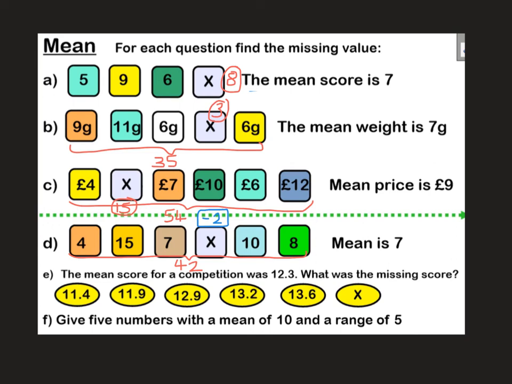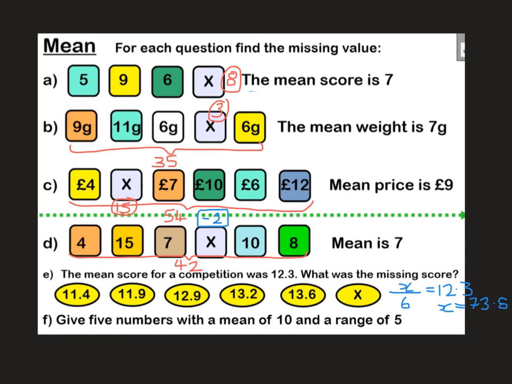Okay, the mean score for the competition was 12.3, so what was the missing score? So a bit tougher with these decimals. So I need to think, what number divided by 6 would give me that 12.3. And I can work out that that is 73.8.